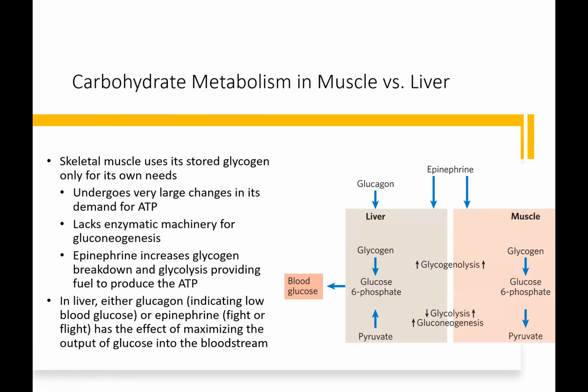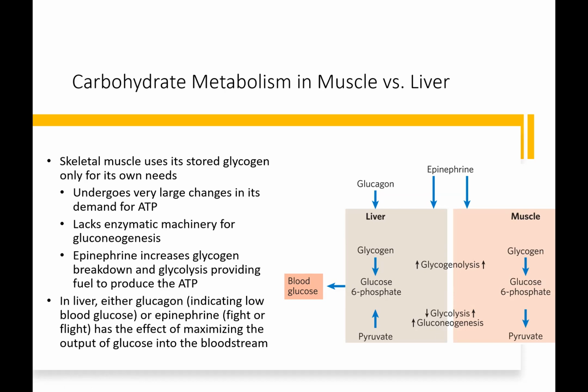Okay, we want to just give some consideration here to liver versus muscle, and how these organs and tissues differ. So muscle is a bit selfish. It uses stored glycogen only for its own needs.